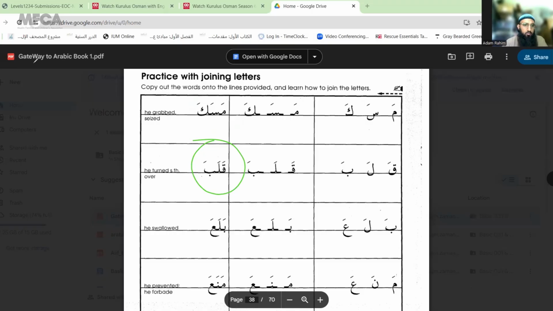Very good. Brother Sayyid? بلع. Very good. بلع. Try to make them all a bit more flat, specifically the lam. It's not almost la, but la, la. بلع. بلع. بلع. Very good. أحسنت.